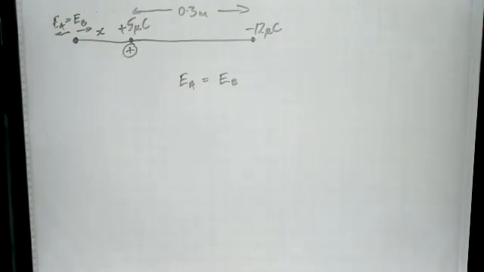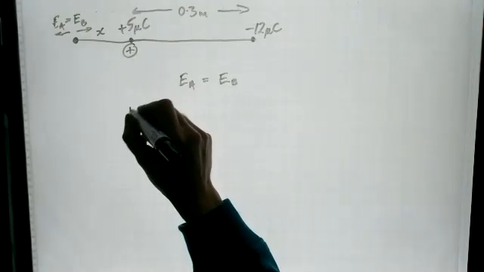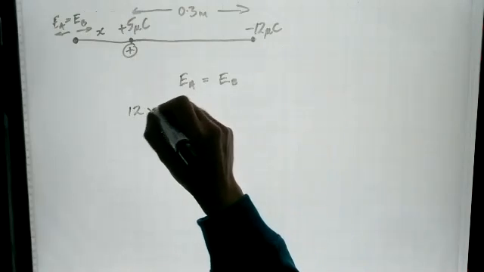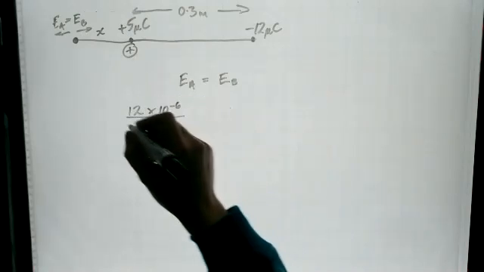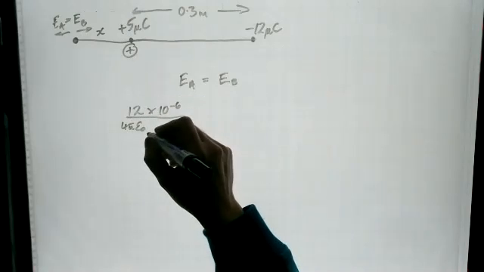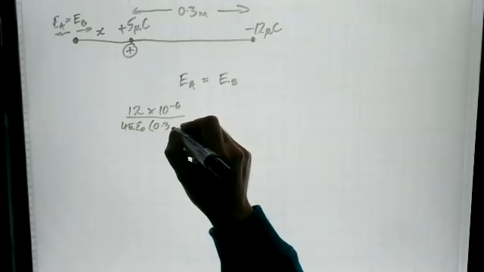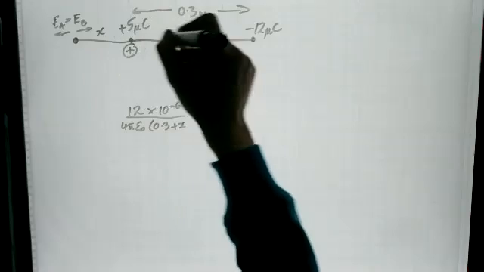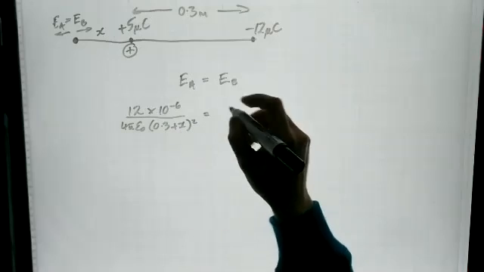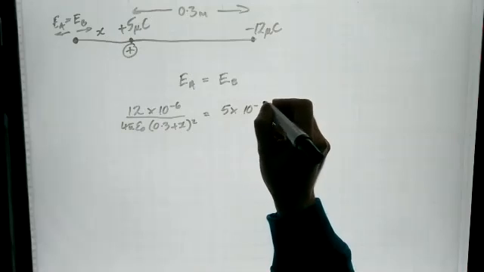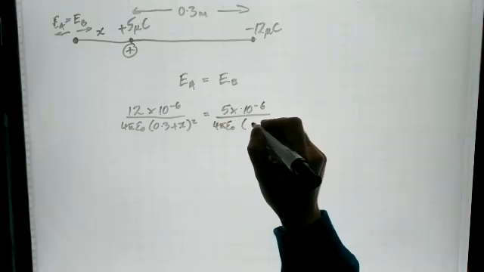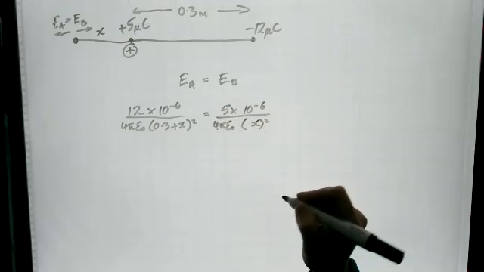So the 12 microcoulomb charge: 12 by 10 to the power of minus 6 over 4 pi permittivity 0 times (0.3 plus x) squared, equals the 5 by 10 to the power of minus 6 over 4 pi permittivity 0 times x squared.